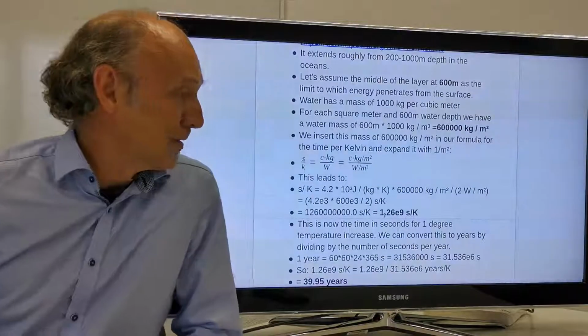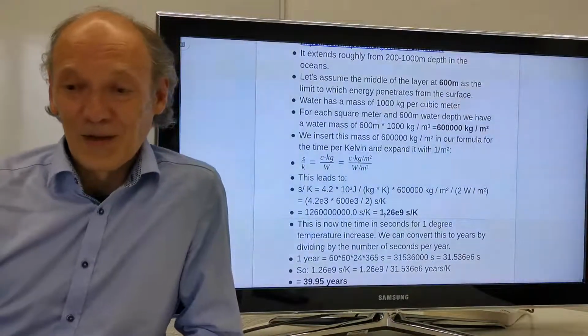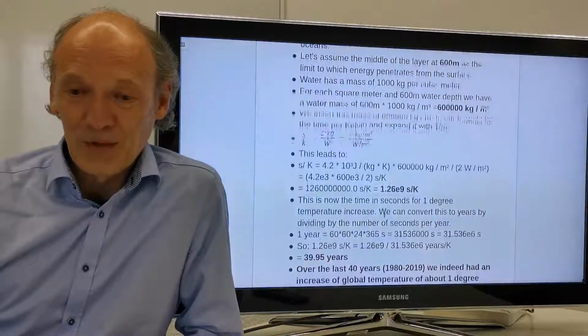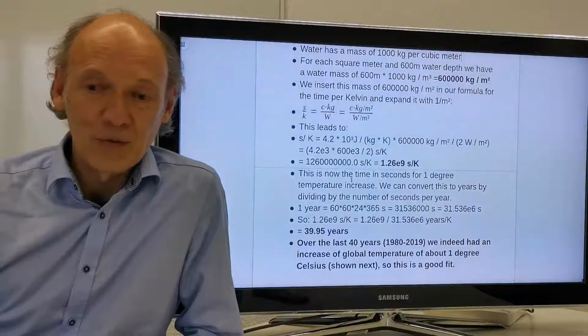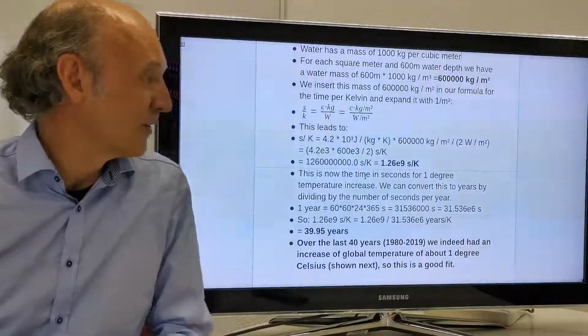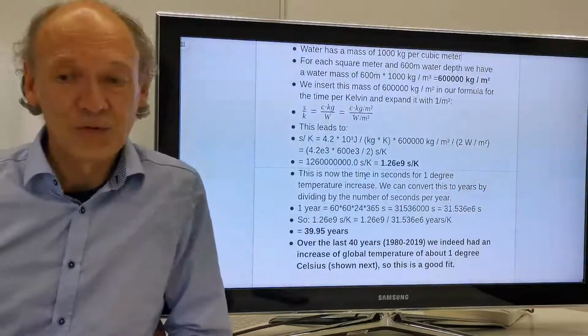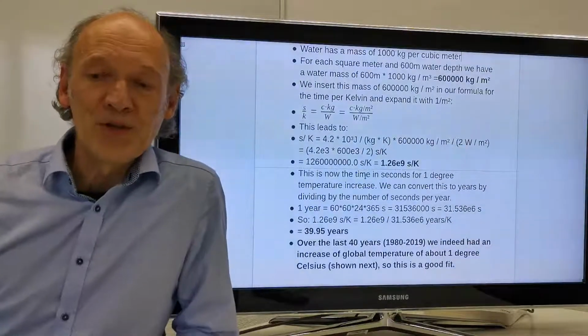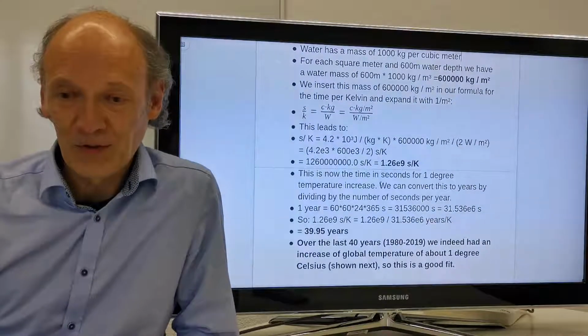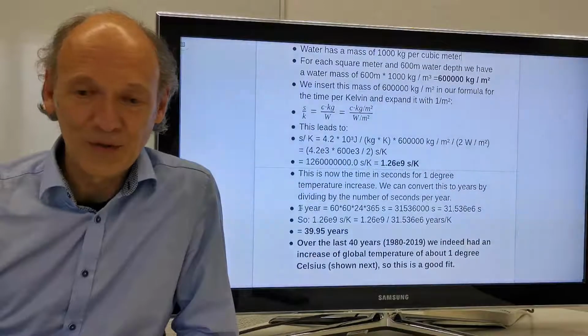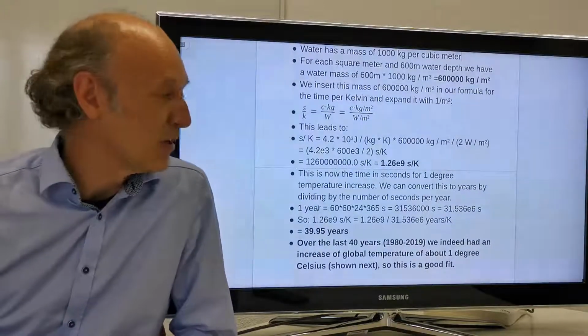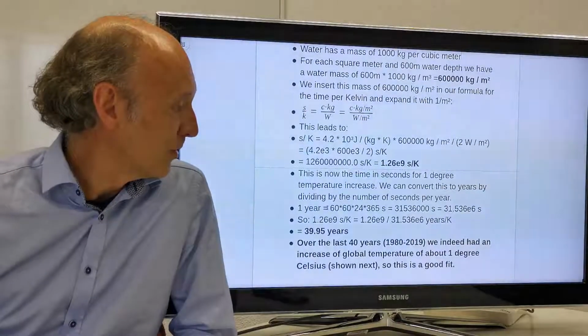So 10 to the 9th is a large number. It's hard to imagine what it means, so that's why it makes sense to convert this time in seconds to years. So we just have to know how many years this number is, right? And for that we have to compute how many seconds 1 year has, and then divide by this number to get the number in years.